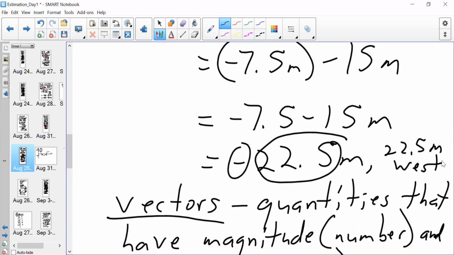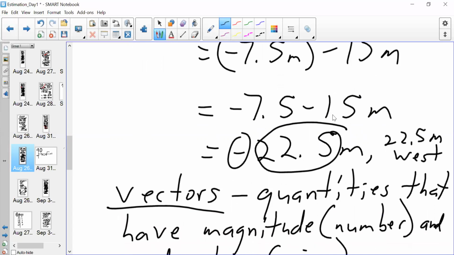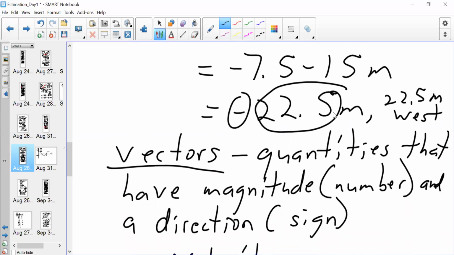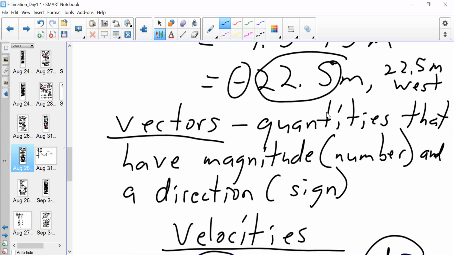And like I mentioned earlier, vectors are just quantities that have magnitude, that means a number, and a direction, a sign. So our vectors so far are displacement and velocity.